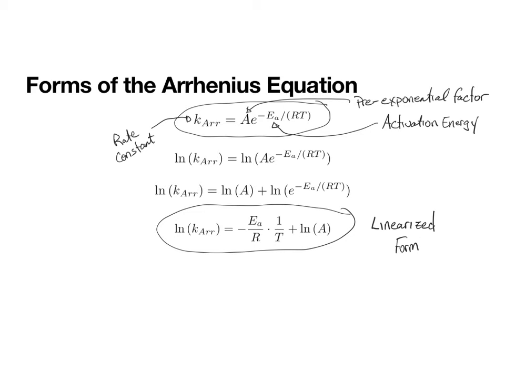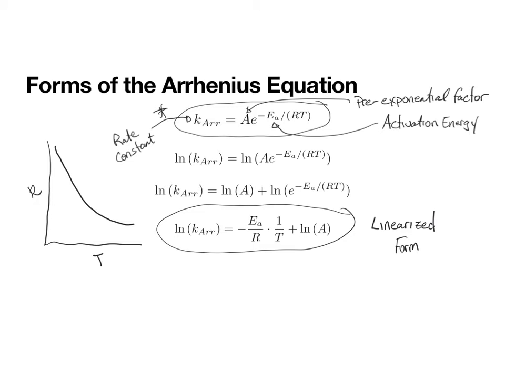And what we mean by that is if we were to make a graph of the rate constant versus temperature, we would find something that has an exponential shape.